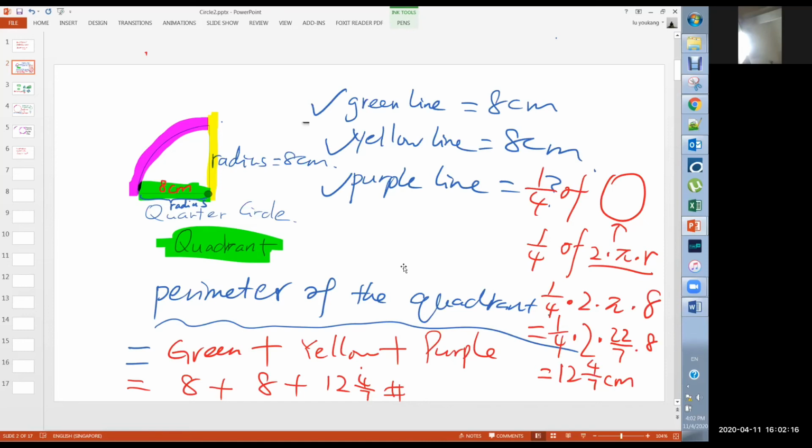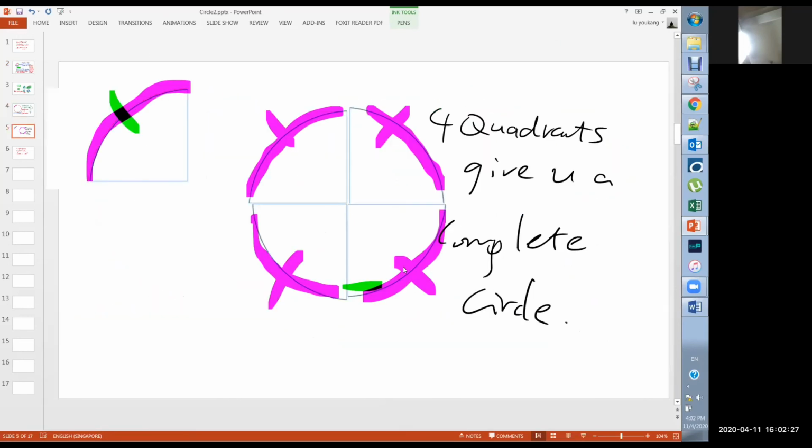By the way, when you need to memorize one thing, you don't memorize it word by word. You need to understand it. What do you mean by understand it? Understand it by doing this. The purple line of a quadrant is 1/4 of a circle. Why?